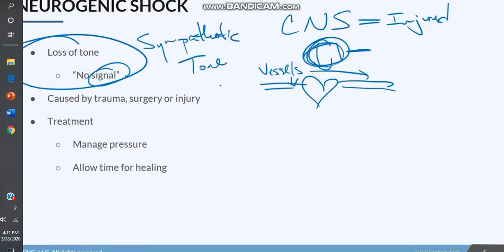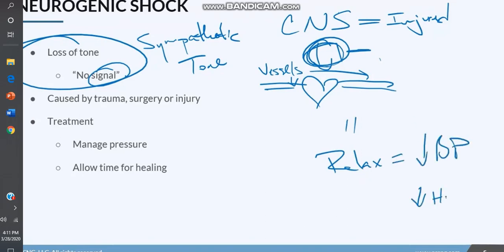You have a decrease in sympathetic tone. And this is caused by like trauma or surgical problems or injury, but it's an injury to the nervous system. And when that happens, you'll get this relaxation because you have no more sympathetic tone. What happens? Blood pressure drops, heart rate can drop.